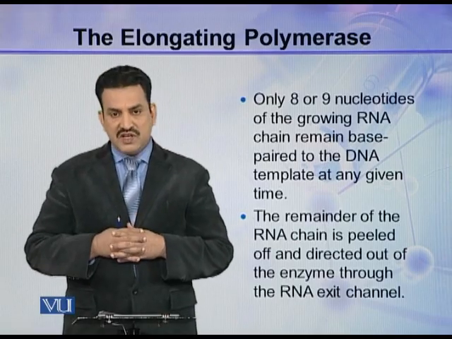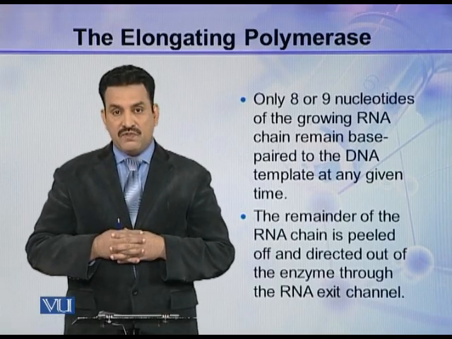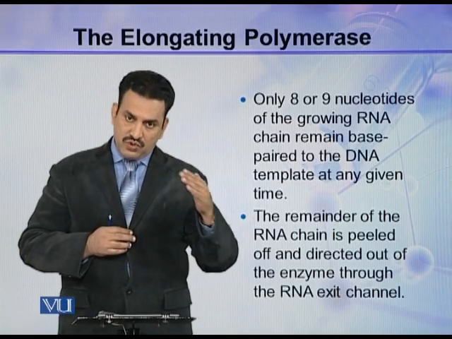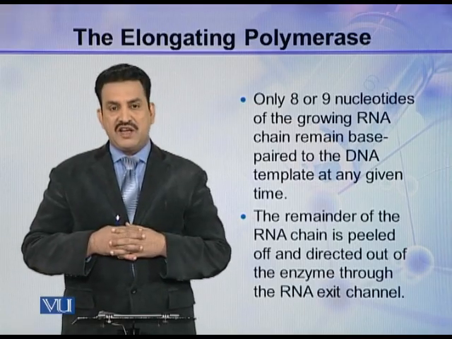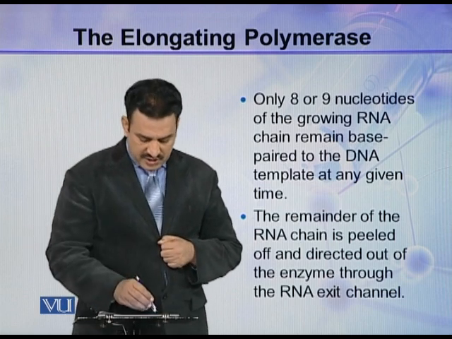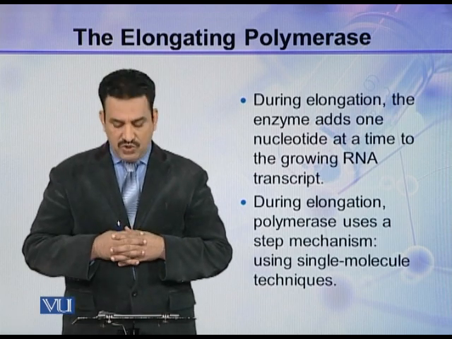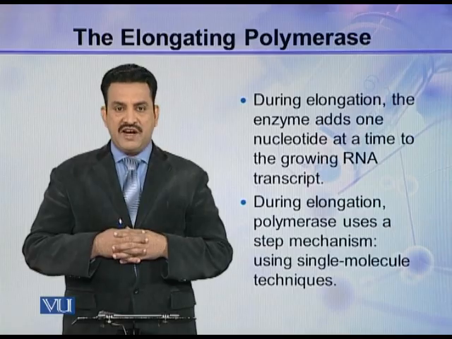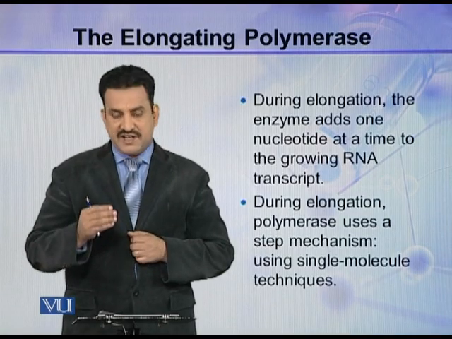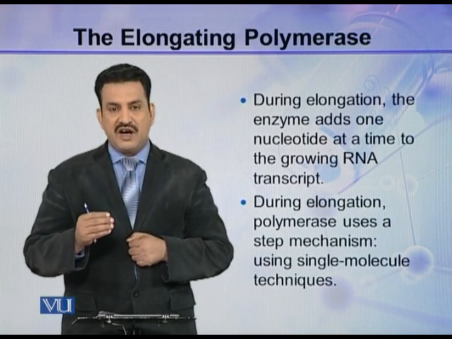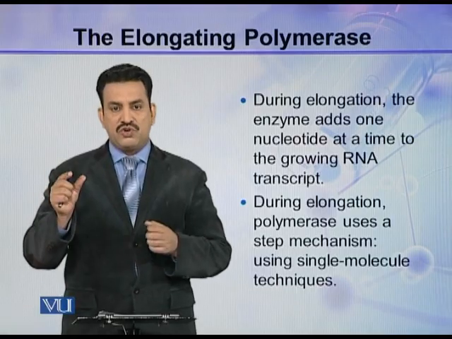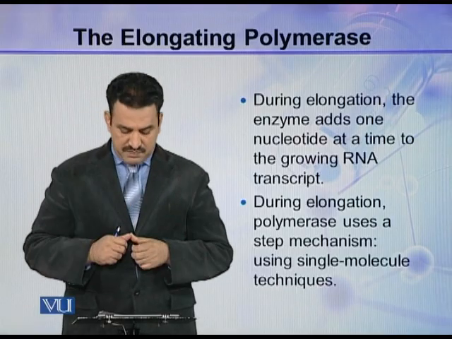The remainder of the RNA chain is peeled off and directed out of the enzyme through the RNA exit channel. During elongation, the enzyme adds one nucleotide at a time to the growing RNA transcript. So one nucleotide is added at a time.